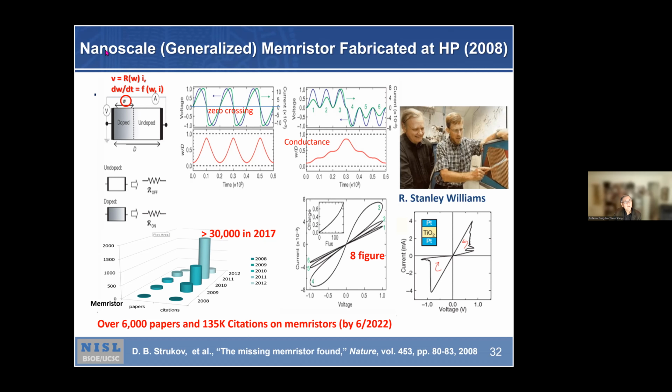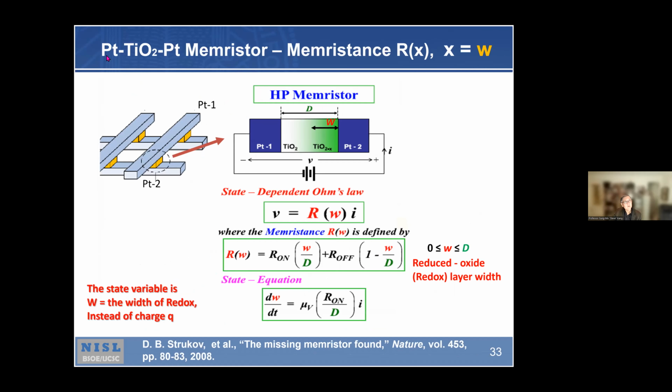This shows the first memristor fabrication: a platinum nanowire, another platinum wire here, and in between is titanium dioxide, TiO2, and that's where the state variable plays. So as you apply flux or voltage here, with time, the width of the reduced oxide layer changes.